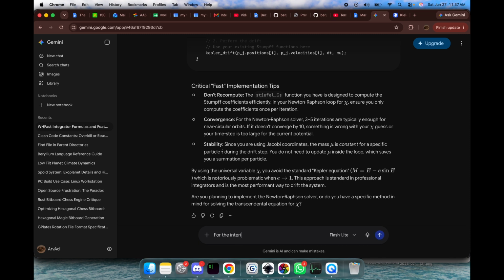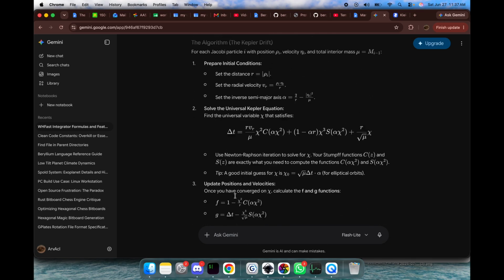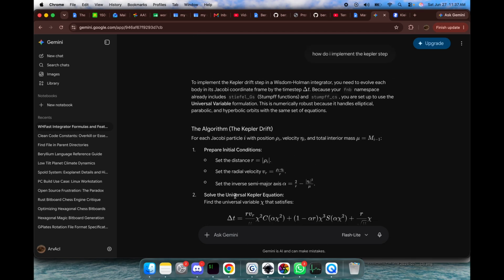For the interior mass, does that include the star? I'm going to assume it does. Actually, it would include the star.